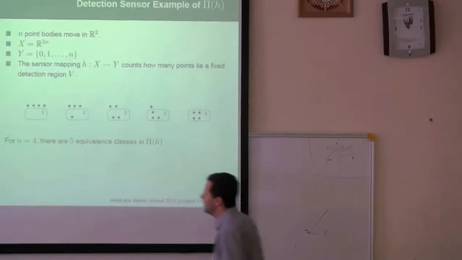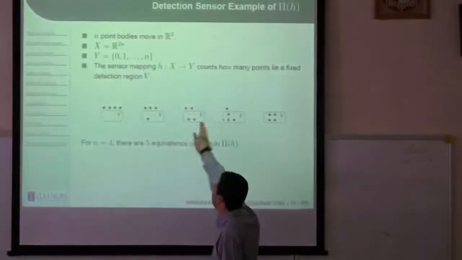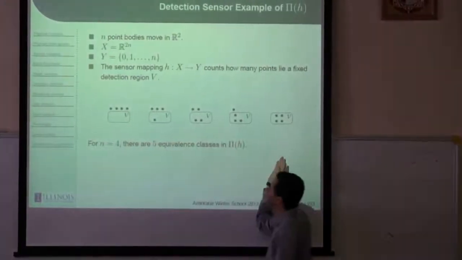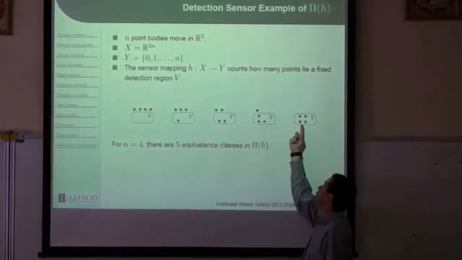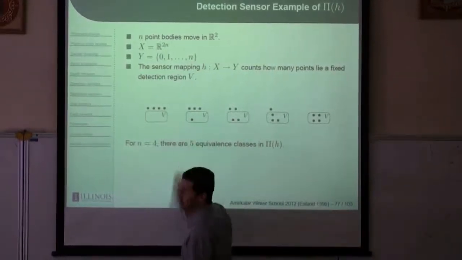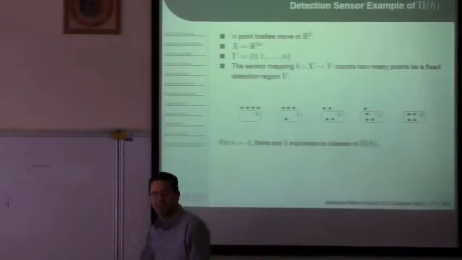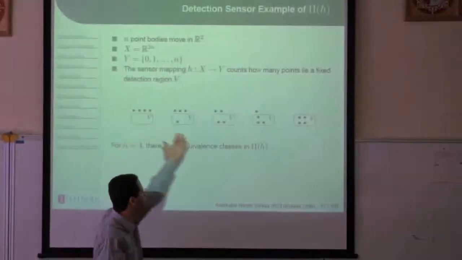If that's the case, then this is a kind of abstract description of the 5 different possibilities. Either all 4 of them are out, 1 is in, 2 are in, 3 are in, or 4 are in. It could be the case that these bodies are distinguishable initially. That's the way I defined it up there. But the sensor cannot tell, it just counts. And so the sensor is telling us there are 5 equivalence classes.